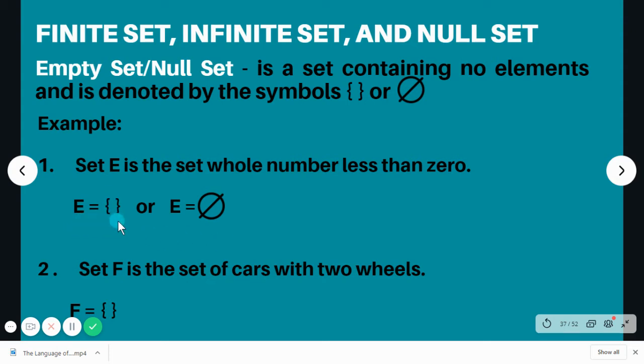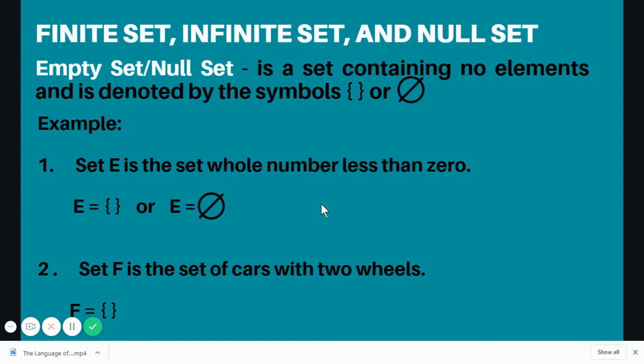So bakit ganito ang sagot? Pag sinabi nating empty set or null set, ibig sabihin wala tayong maibigay na element or members ng set na iyon. Yun ang ibig sabihin ng empty set. Wala tayong maibigay na element or laman ng isang set.